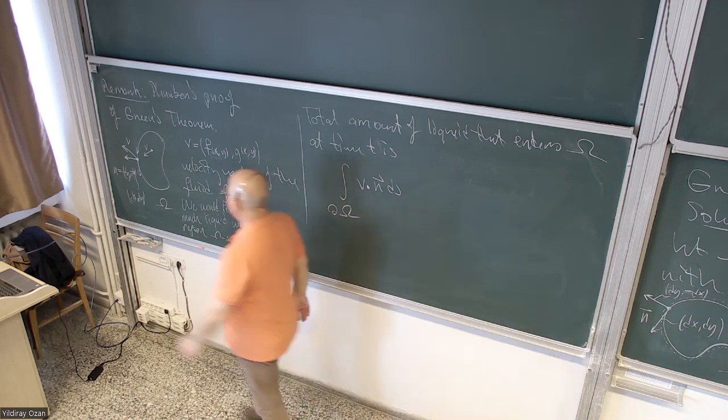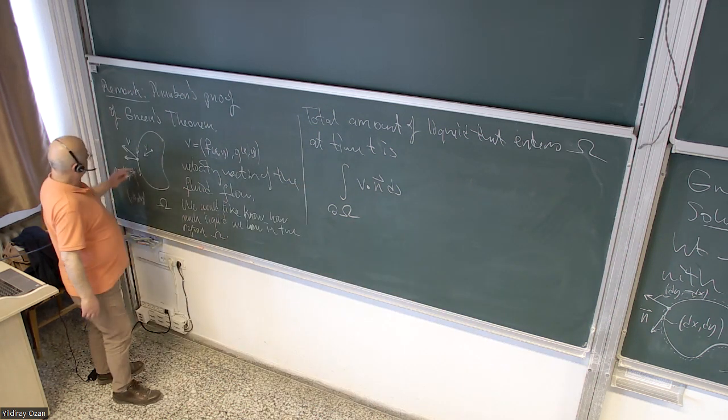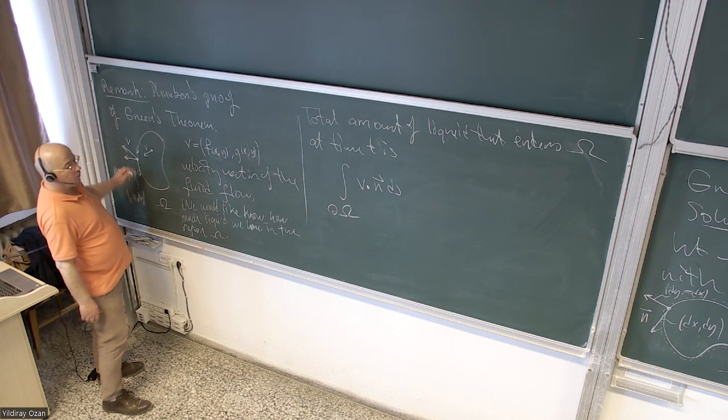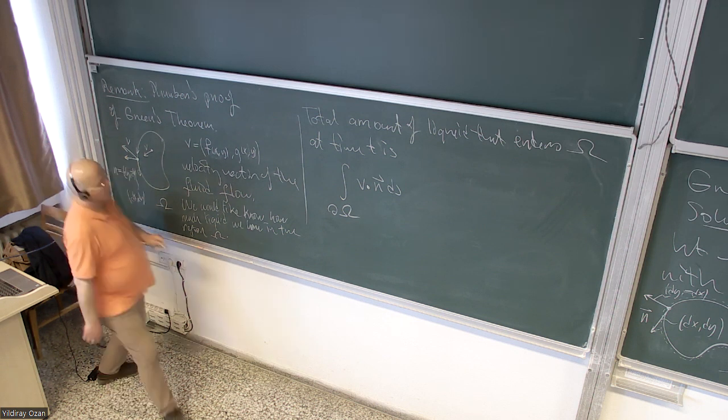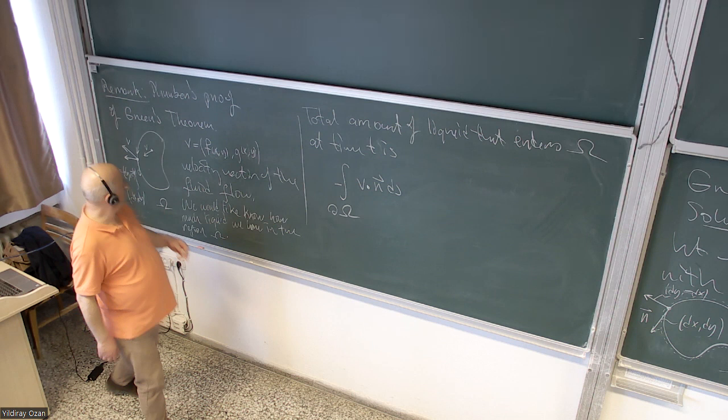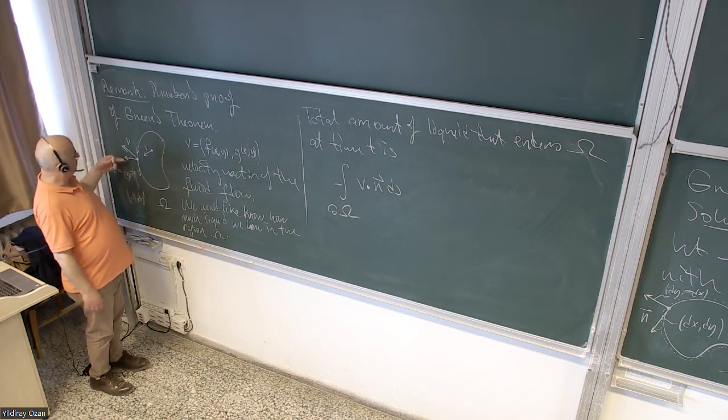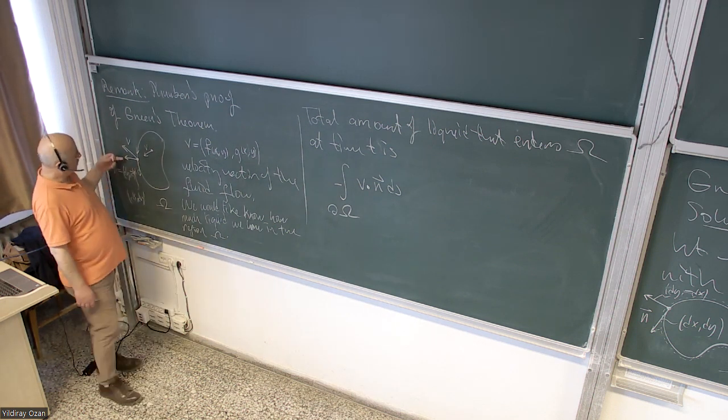Why is that? Well, of course, no. This measures what goes out, not what comes in. I should maybe put a minus, right? Because if this is positive, then we are measuring how much liquid goes out.